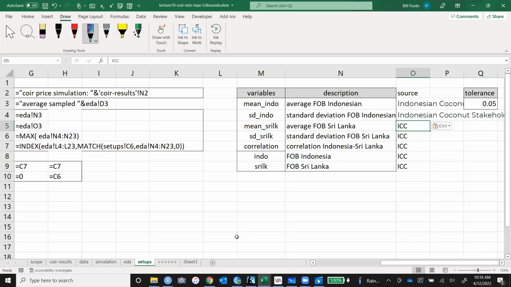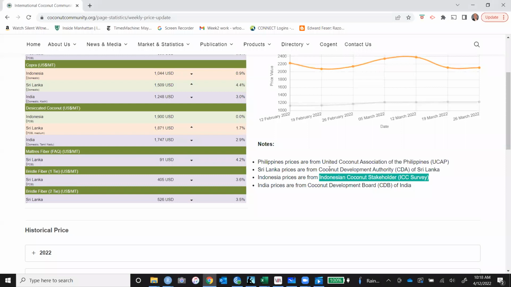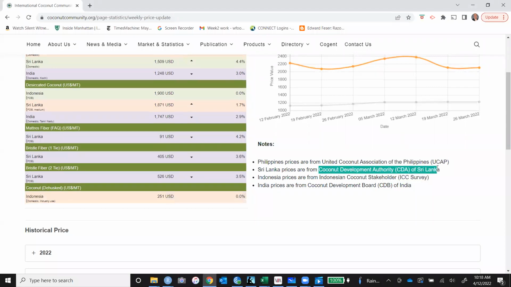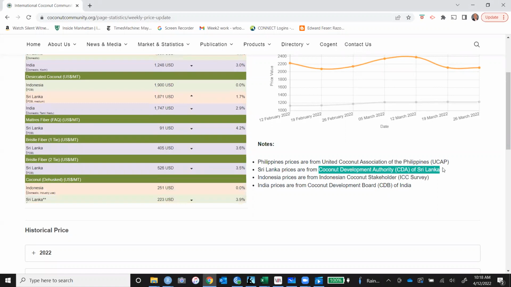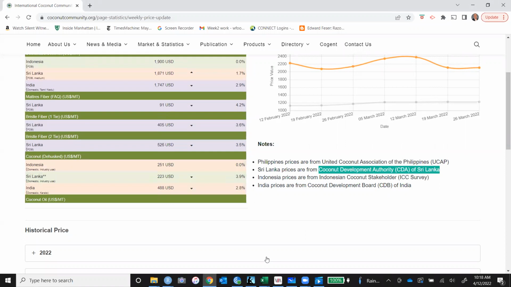You can also put a source URL or address, or their actual physical address. That would be interesting to use. And if we're in Sri Lanka, it's the Coconut Development Authority of Sri Lanka. Philippines has a different crew, which we could also begin to look at.